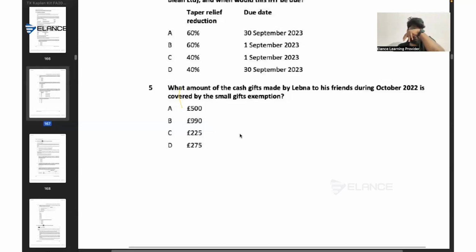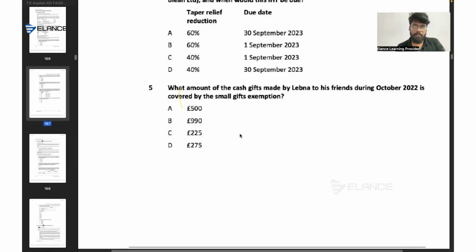Okay, so you can expect questions from IHT in section C also. It is not confirmed which areas will be tested for 10 marks in section C, but based on the recent trend in the taxation exam, more students are tested with IHT. Of course, you will have two questions from income tax and corporation tax: one from income tax and one from corporation tax.